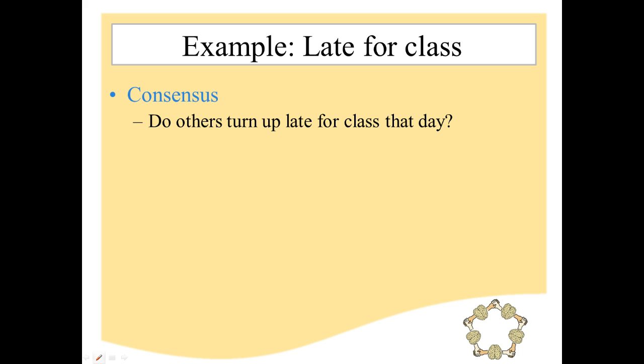So if only that one person was late, then perhaps we're more likely to make an internal or a dispositional attribution. But if everyone turned up late to class on that day, then perhaps you're more likely to make a situational attribution. Maybe the traffic was bad, maybe the weather was bad, that's causing everyone to turn up late.